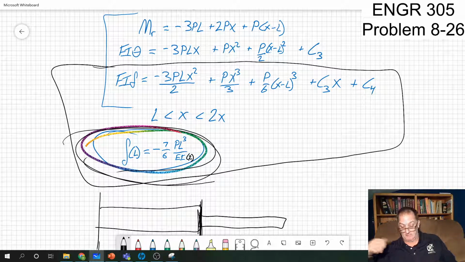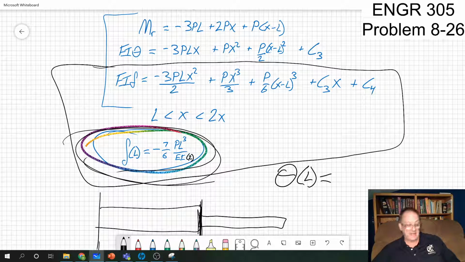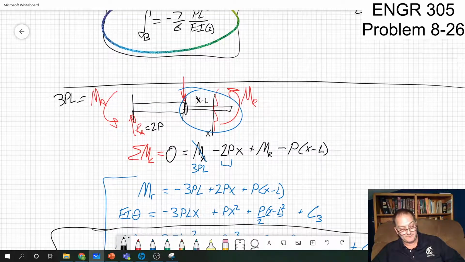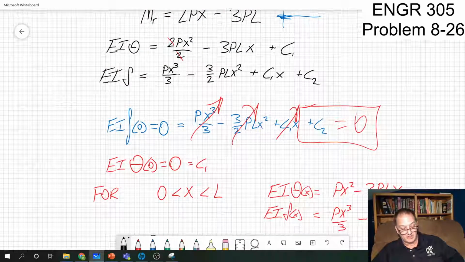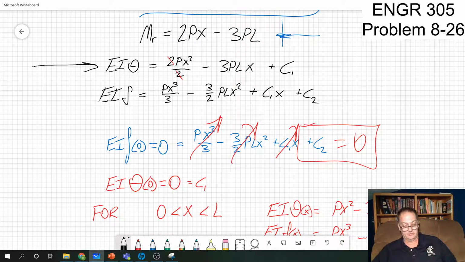But I can do that, and now I need one other boundary condition, and that would be theta at L, which I can find because I have this equation here. If I plug in L, I'm going to get PL squared minus 3PL squared.